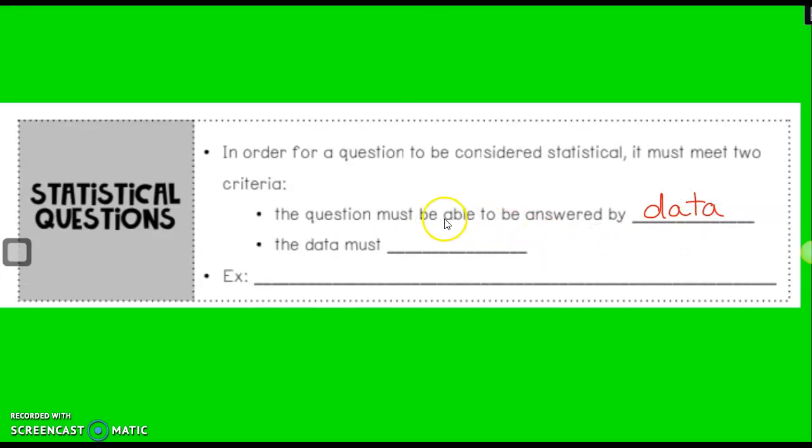It has to be able to be answered by data. And the data must vary. Okay, what that means is it has to have a lot of different answers that it could be. Meaning it can't just produce one or two answers. It needs to have a lot of answers that people could say.